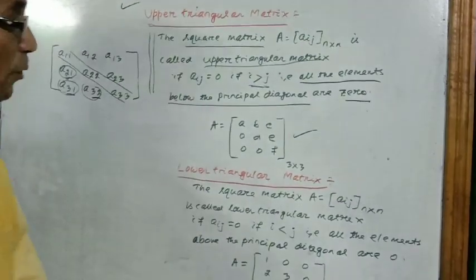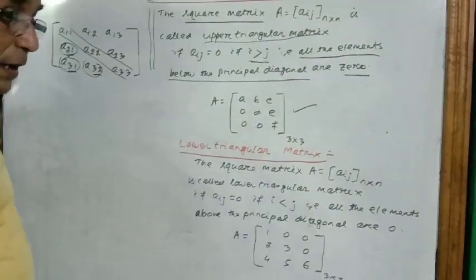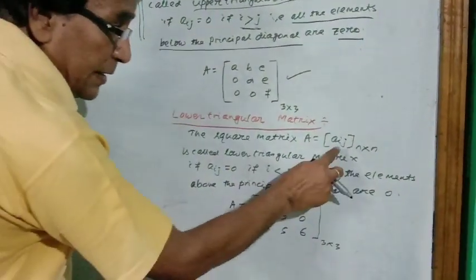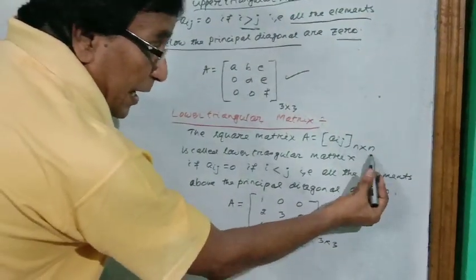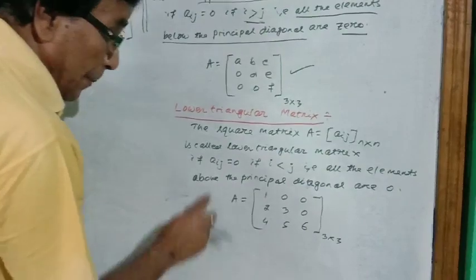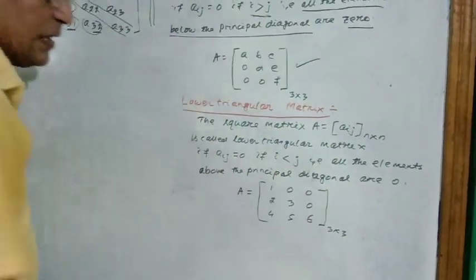Now similarly, what is a lower triangular matrix? Definition of lower triangular matrix: we can say that the square matrix A, that is Aij of order n cross n, is called a lower triangular matrix if Aij is equal to 0 where i is less than j.